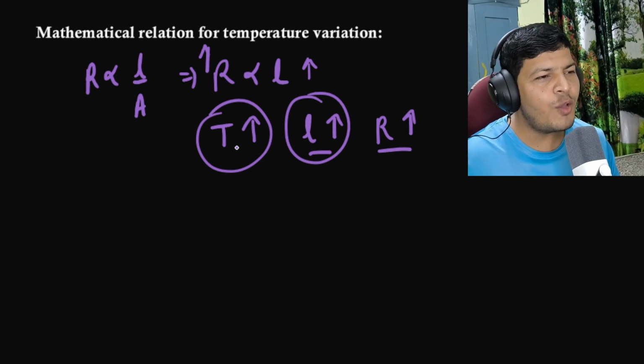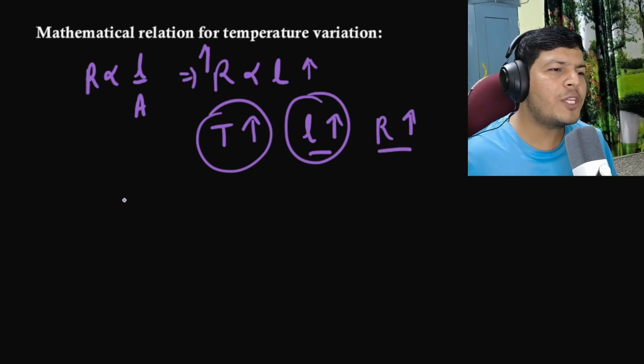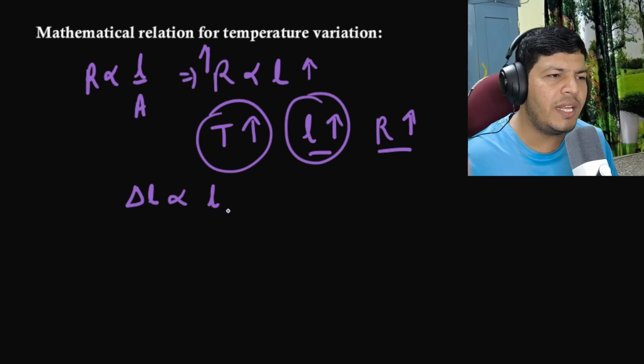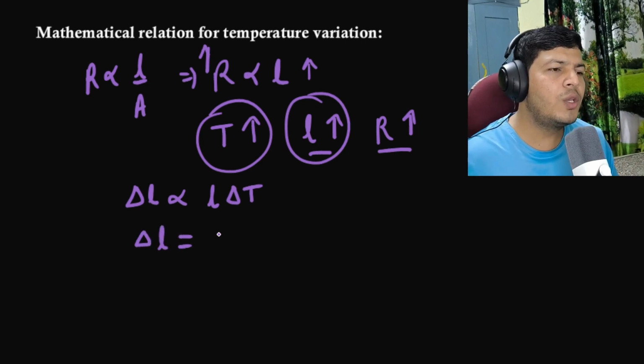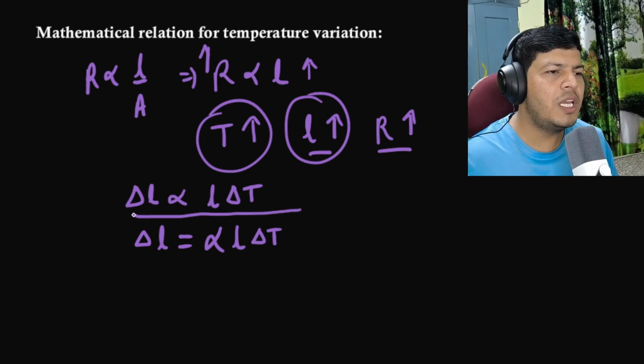Now it is a case of expansion. In case of expansion, you know already there is a change in length. So change in length of a material is directly proportional to its original length, and then to the change in temperature. If you remove this proportionality sign, you will get an alpha, which is the constant for linear expansion.